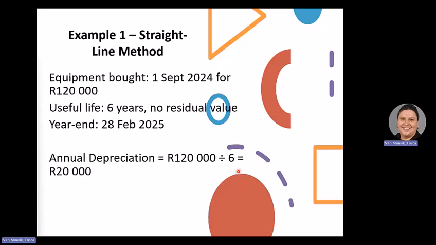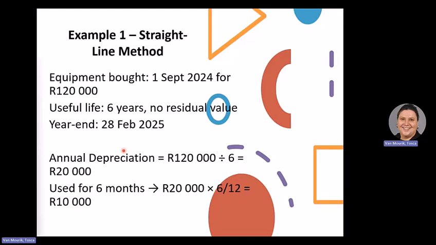So September is 1, October, November, December, January, February. So we are going to use this asset only for 6 months into this financial year. So we have to proportion that 20,000 with 6 months to get the depreciation for this equipment of 10,000 Rand for this current financial year.